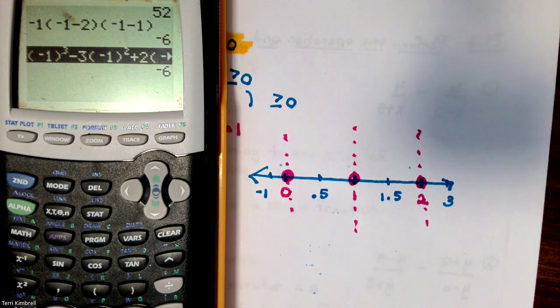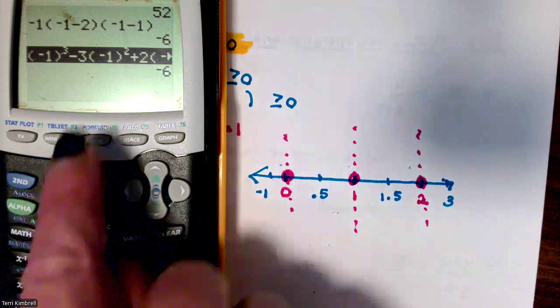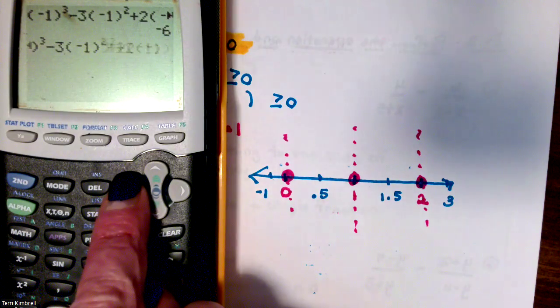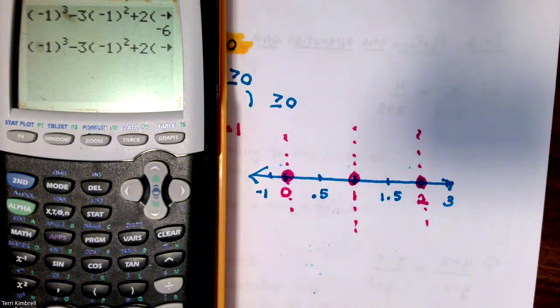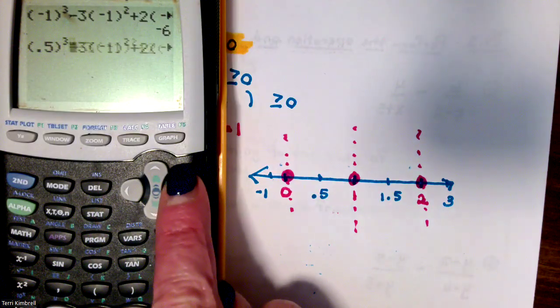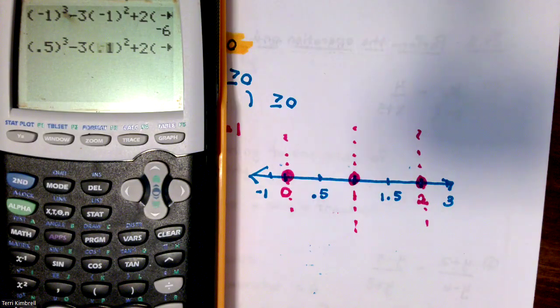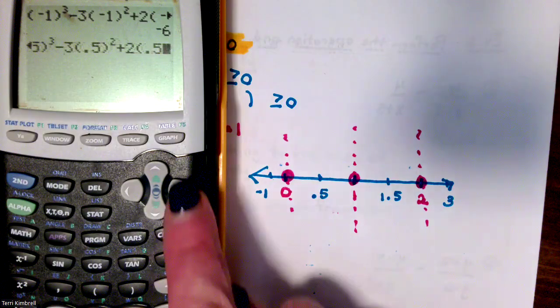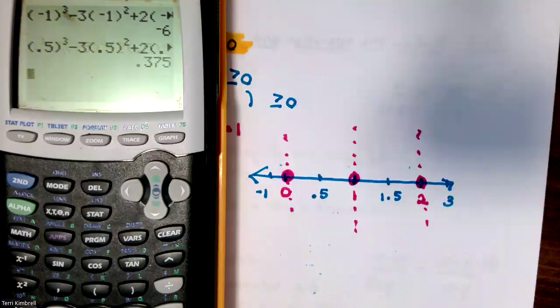So when I put the negative 1 in, I got negative 6. So that's not bigger than 0. If you want to copy and paste that, go back and highlight over it, hit enter, and then you can go back and type in your 0.5. So I do 0.5, 0.5, 0.5, and then hit enter.